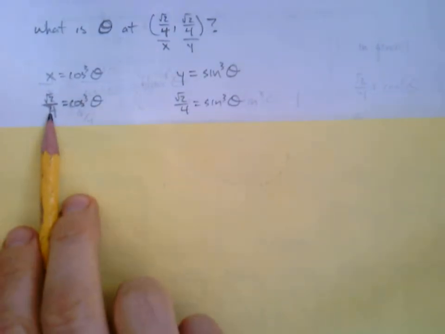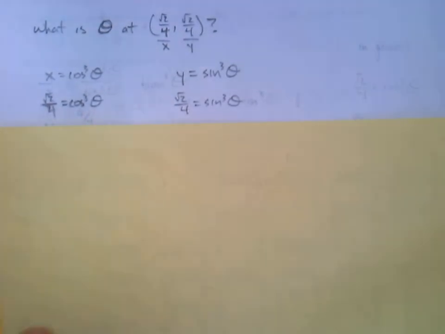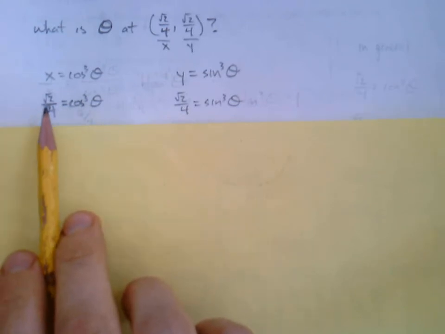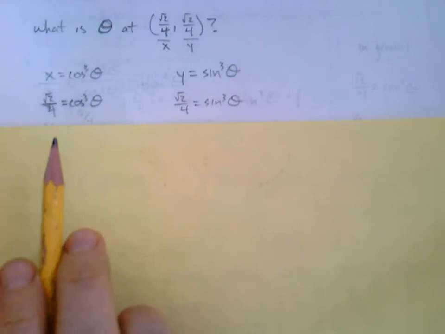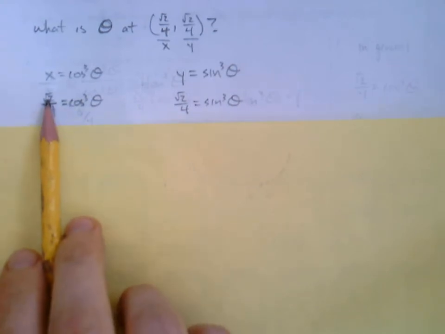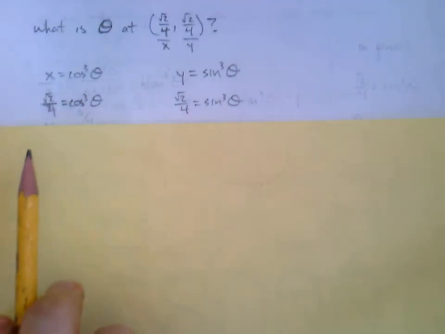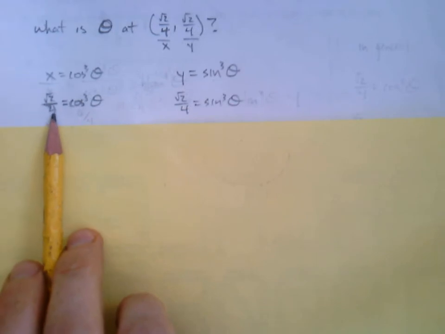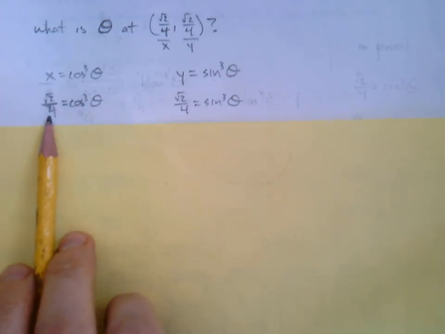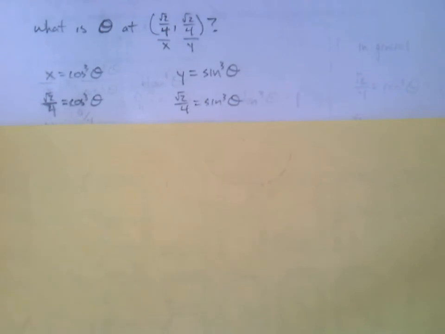Okay, so I'll plug in that x value, that y value. Now this is challenging, right? We've got a cube and a cube. I cannot take a cube root over here very easily. But I realize I've got a 4 in my denominator. It would be a lot nicer if it was an 8, so I could take a cube root. So let's multiply top and bottom by 2. And I'll do that over here also.